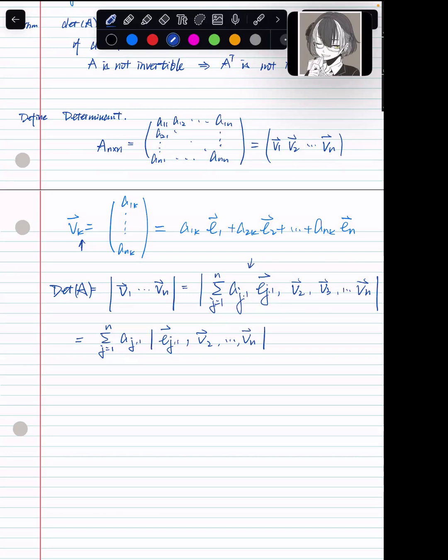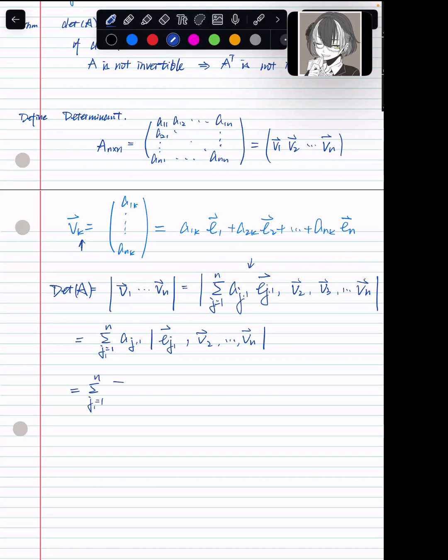So follow the same step. We can also break the V2 through Vn out. This is our first basis, and this is like a subscript of J. So we have this first sum, the first J from 1 to n.